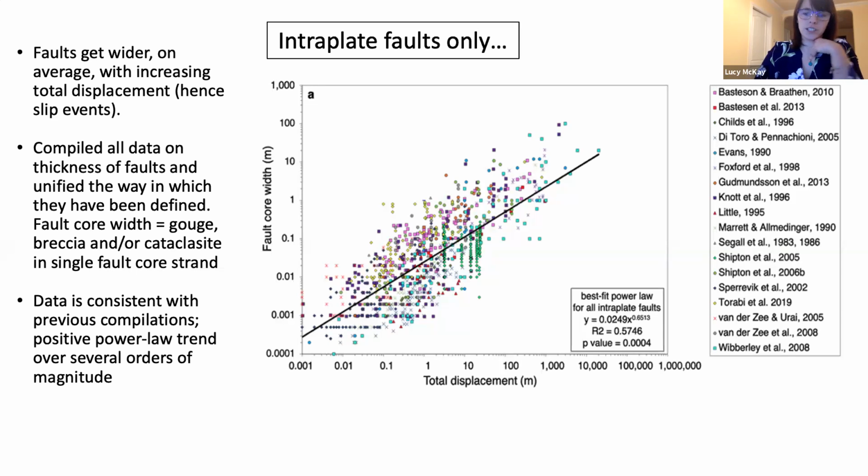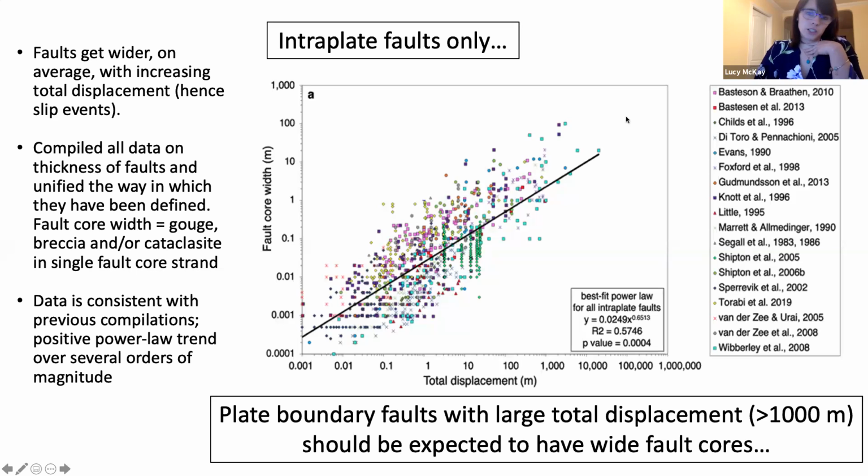So like previously published, intraplate faults get wider as displacement increases, but plate boundary faults have very large displacement, so therefore should be plotted up here. And you'd expect them to have very wide fault cores, but from my observations on the Highland Boundary Fault, in some places the fault core was only 3 metres wide.